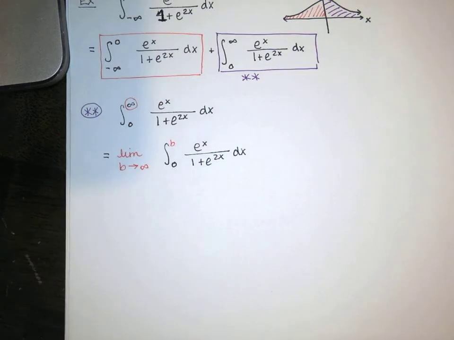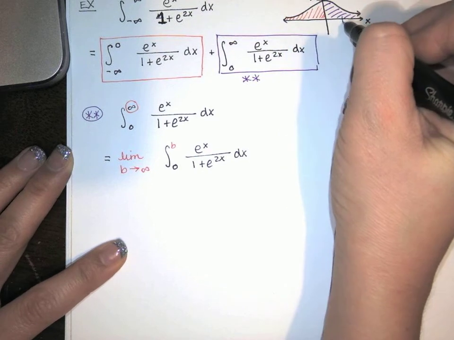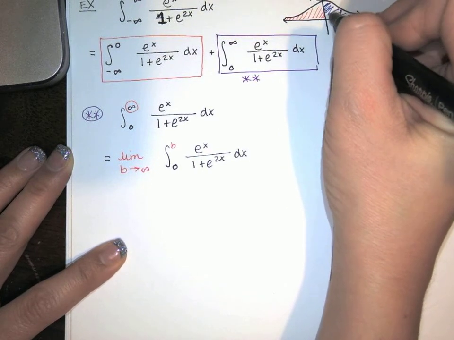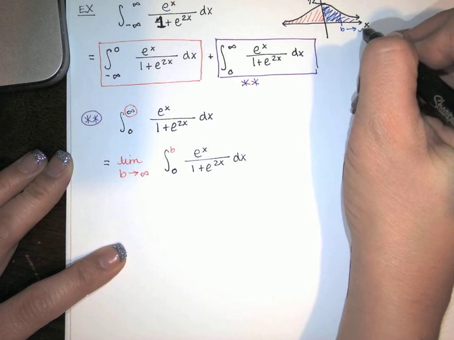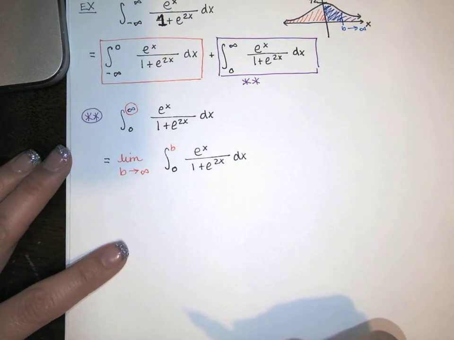And again, remember what that means. I'm going from 0 to b, and I'm going to find that area. And then the question becomes, what happens to that area as b goes to infinity when I'm done?